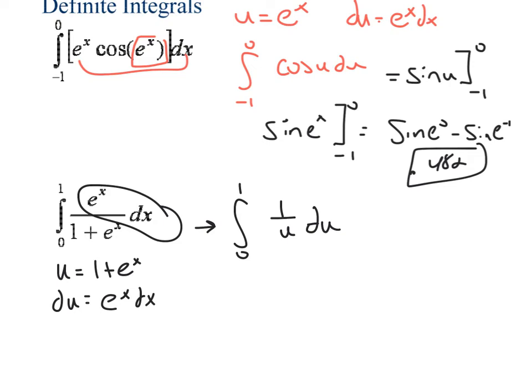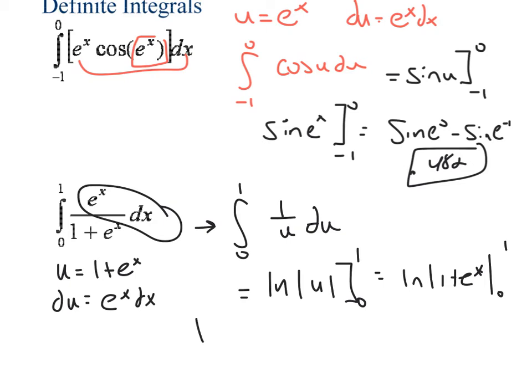So pause the video, try it. Hopefully you get it. I really hope, because we've done it a lot. Okay, so you end up with ln of absolute value of u between 0 and 1, which is really ln of absolute value of 1 plus e to the x, because that's u, between 0 and 1.